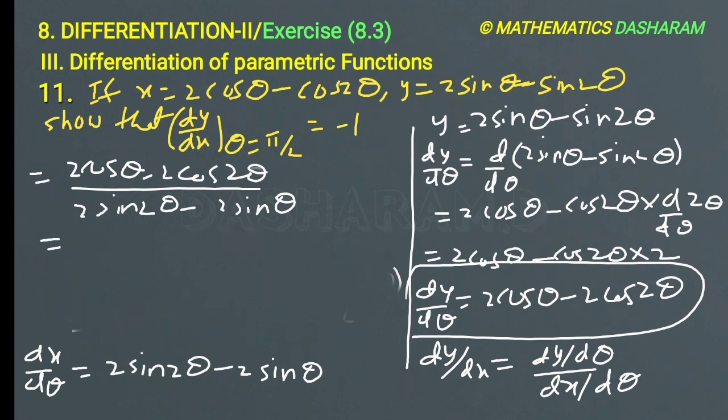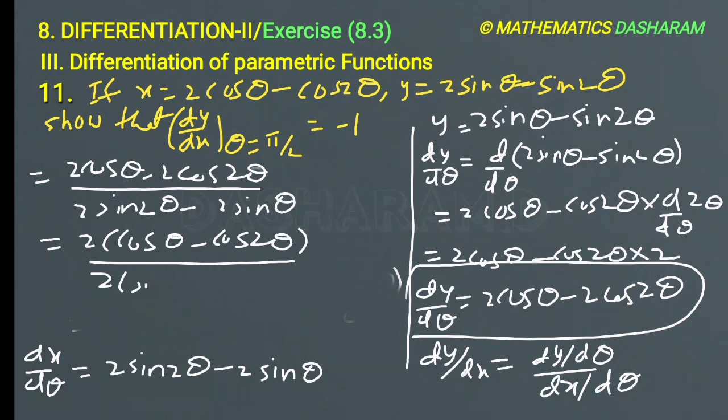So here we can take the 2 common from the numerator and denominator. 2 bracket of cos theta minus cos 2 theta whole divided by 2 bracket of sin 2 theta minus sin theta. Now 2 cancels.